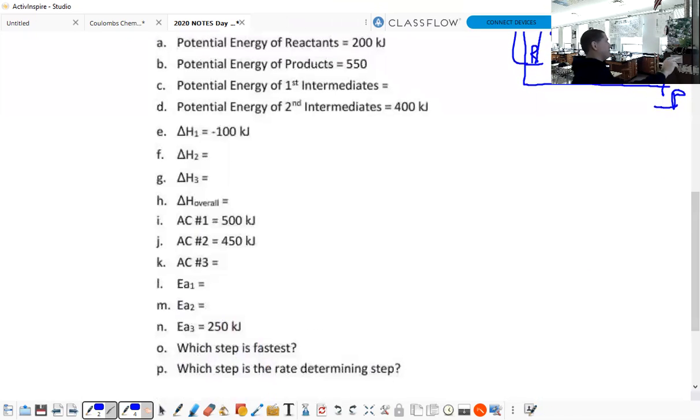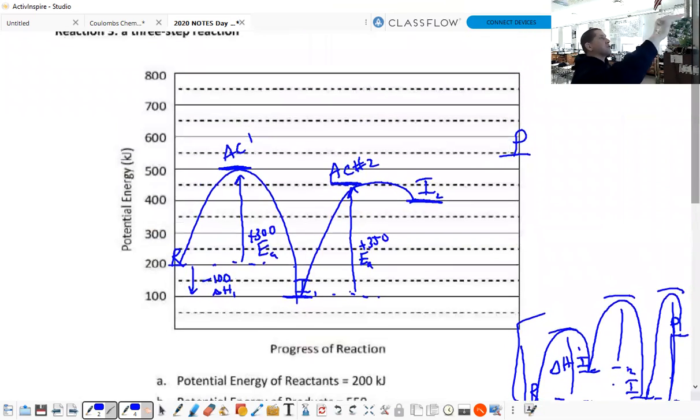And we have here activation energy number 3. So activation energy number 3 is positive 350. So to go from 400, positive 350 gets us to 750. Here's our activated complex number 3 and our activation energy of 400 up there for positive 350 again.